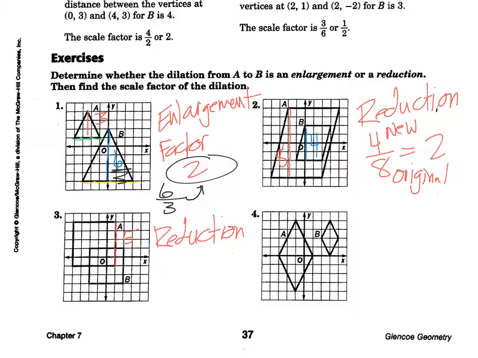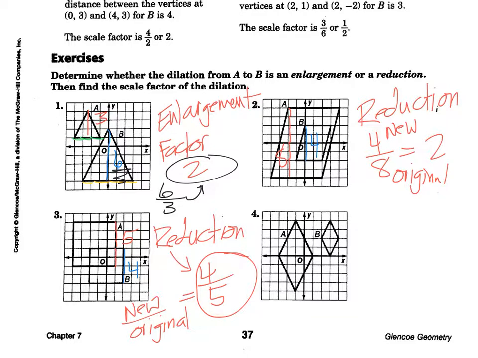Take B, 1, 2, 3, 4. Okay, so again, let's go back. New over original to get our scale factor. What was the new value? 4. What was the original value? 5. That is our scale factor. And it's a reduction because this number is less than 1.